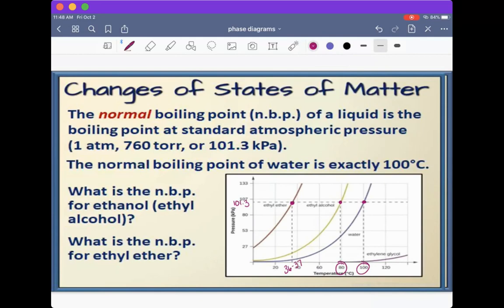Now, relating it back to the previous slide, where I told you that the higher the pressure, the higher the temperature at which it's going to boil, and the lower the pressure, the lower the temperature it's going to boil. We can also relate that back to intermolecular forces, because intermolecular forces are the attractiveness of molecules or particles to stick to one another.